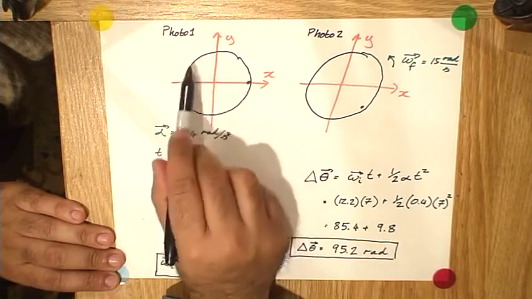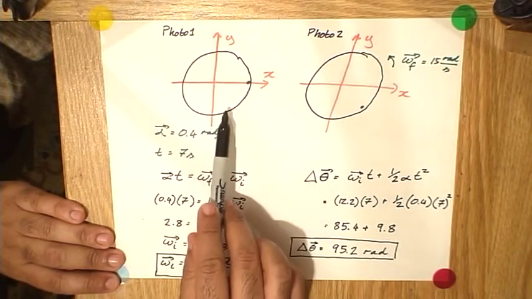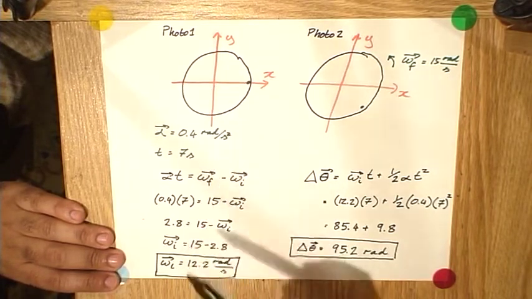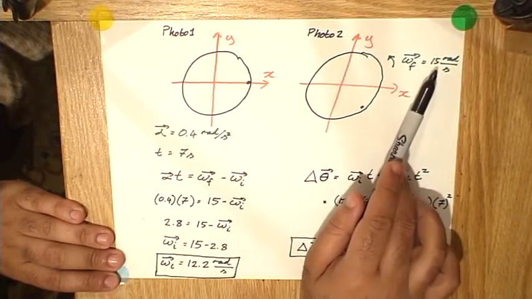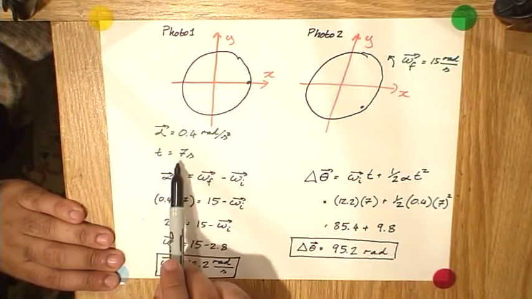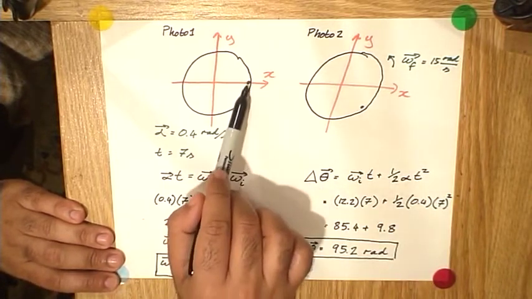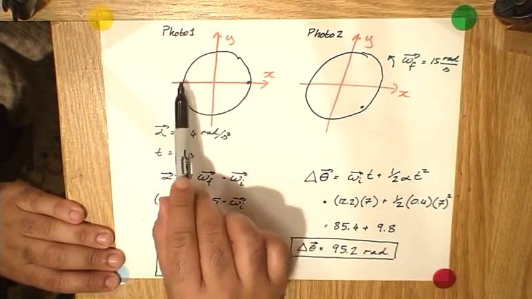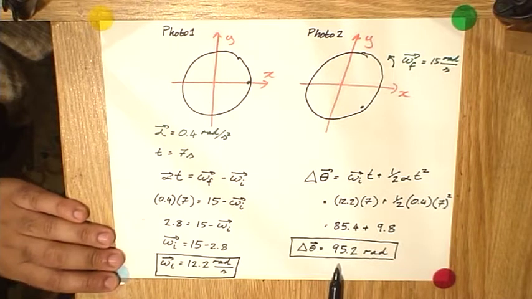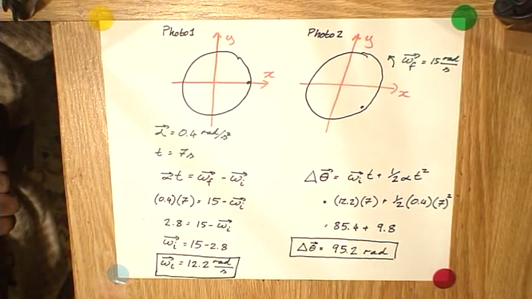As this disk increases its velocity from 12.2 to 15 radians per second over the course of 7 seconds, the total angular displacement of this marker as it travels around the circle is 95.2 radians.